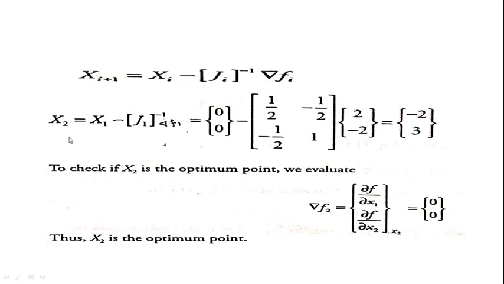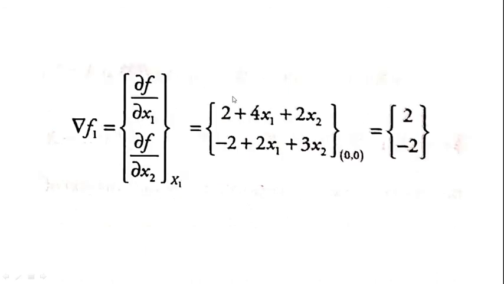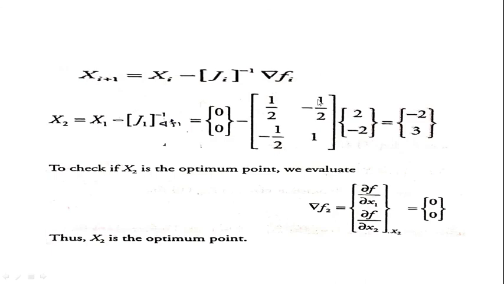Now we need to check whether this x2 is the optimum point or not. So we will substitute this x2 value in del f2. If I substitute x2 as minus 2 and 3 in these values, we get the answer as 0, 0. That means x2 is the optimum point.